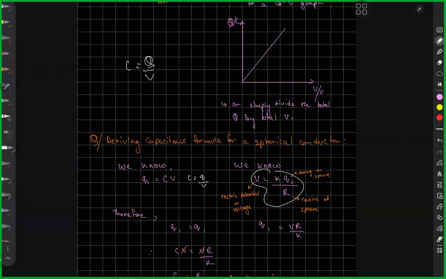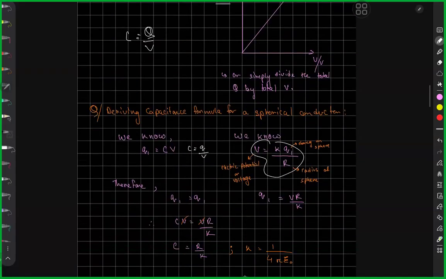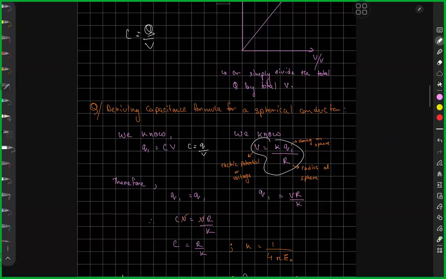One by one, I'll explain the variables. What is this radius? From the center to the surface of the sphere, what is the distance? That's the radius of the sphere. And the charge is basically the charge on the sphere. By the way, Q1 defines the charge on the sphere in both cases.